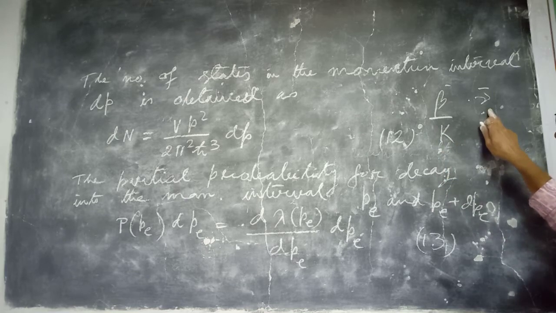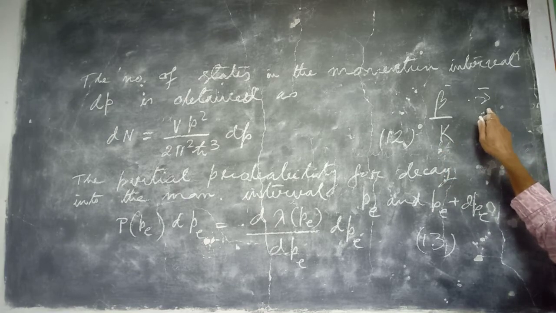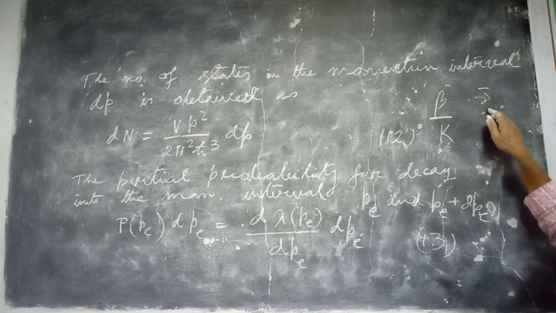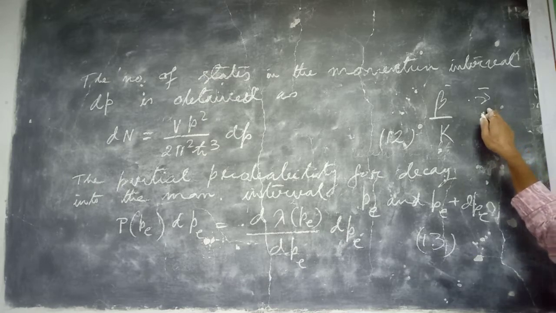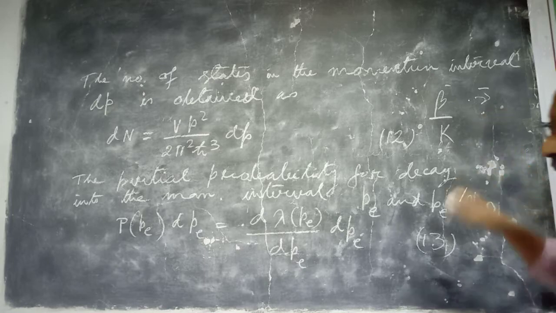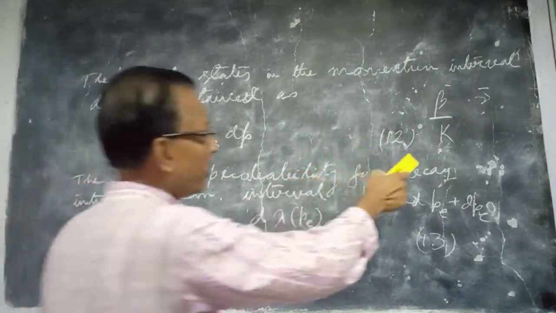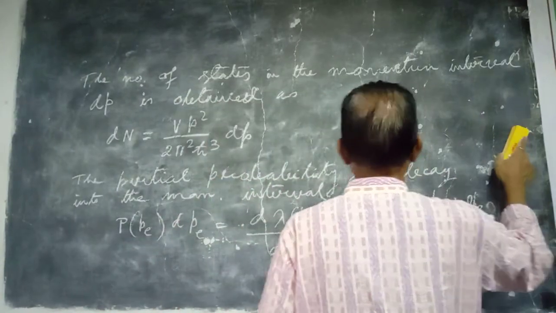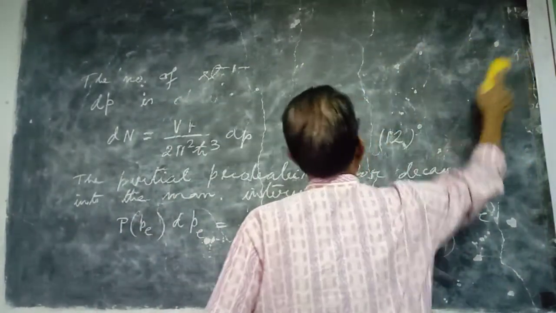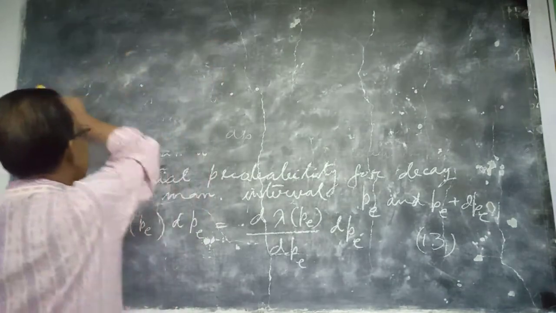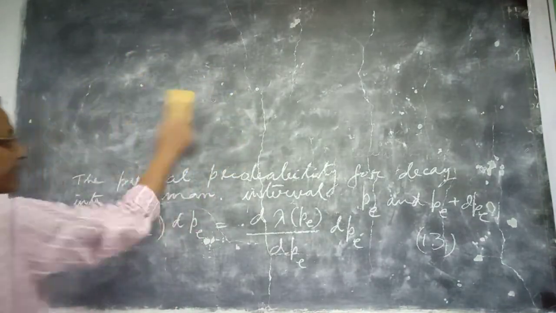Now where does the antineutrino go? What is the probability of the antineutrino to go to any one of the allowed energy states? Therefore we initially fix one. The electron is going to a certain state. Now let us suppose that the electron is going to the kth final state.